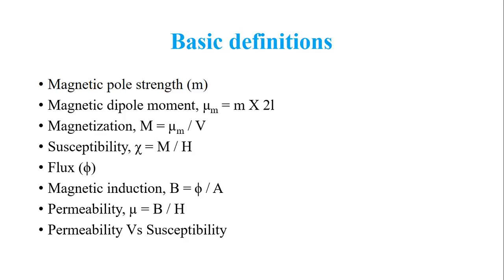So let us take various examples. A material one has got very high permeability but very low susceptibility, right? Very high permeability but very low susceptibility. Then what happens? Because of high permeability, the material will permit very large number of lines of force to pass through it, no doubt.